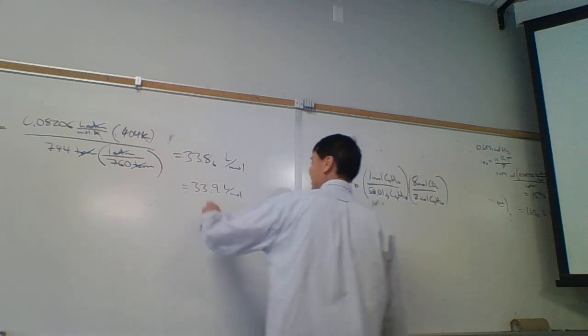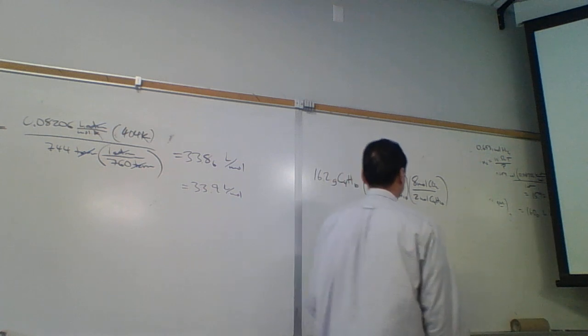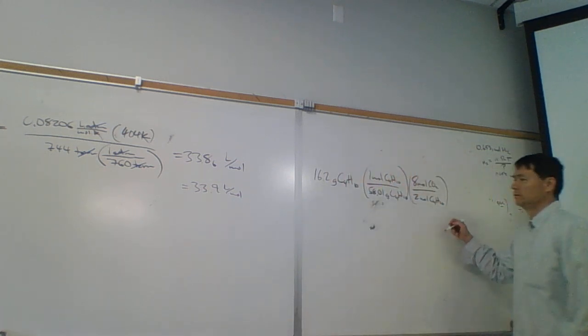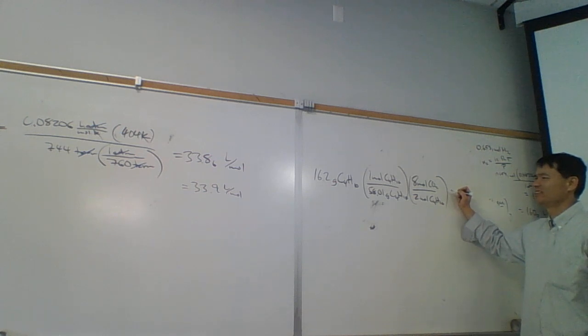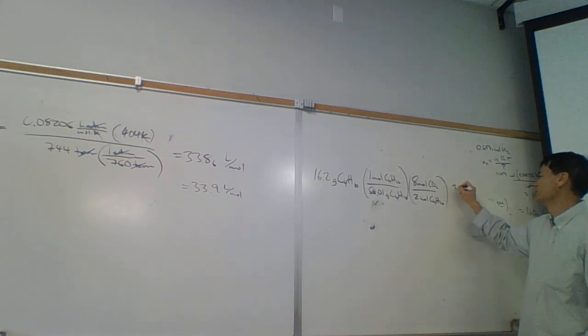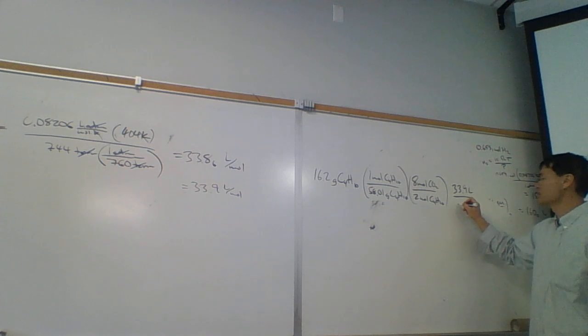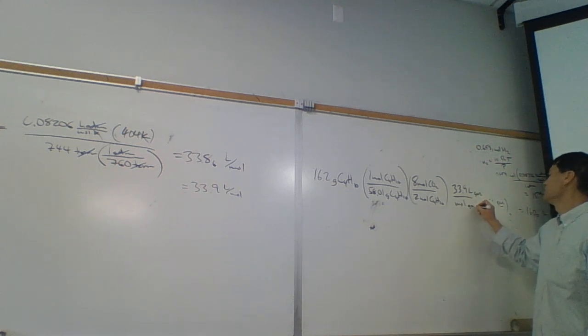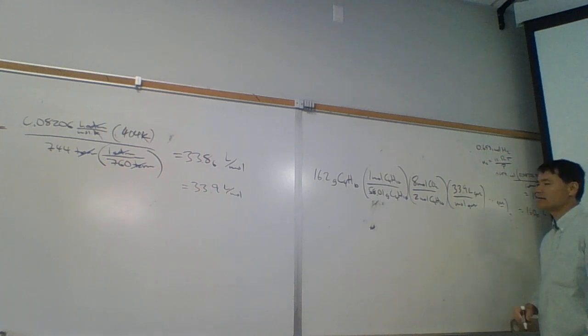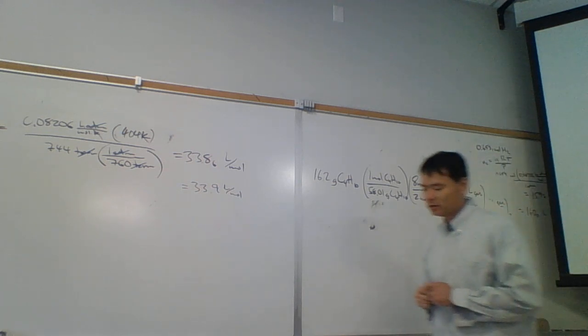Okay, and then this here, which we could use either. What should we use? I guess we should just use 33.9 liters of any gas per mole of gas. So this one is generic. This works for any gas at this temperature and pressure.